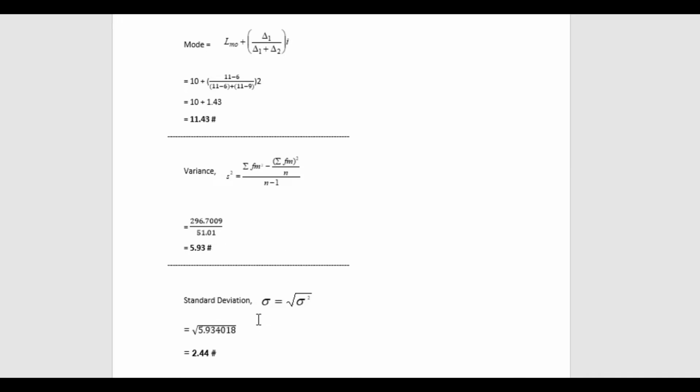Next is standard deviation. In order to get standard deviation, it is basically the square root of the variance. So we input the variance into the square root. So here we have 5.934018, and the square root of that number is 2.44, which is the answer for the standard deviation.